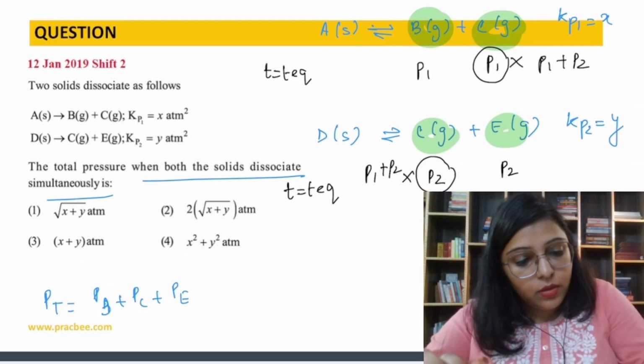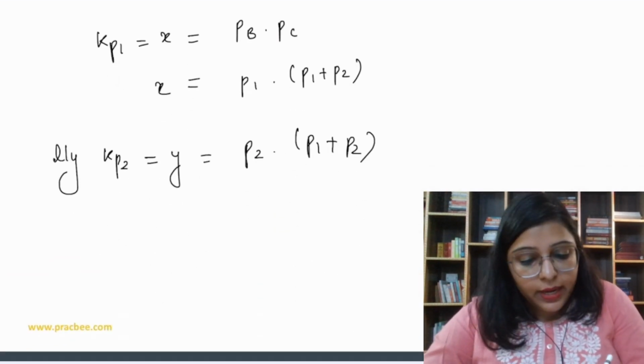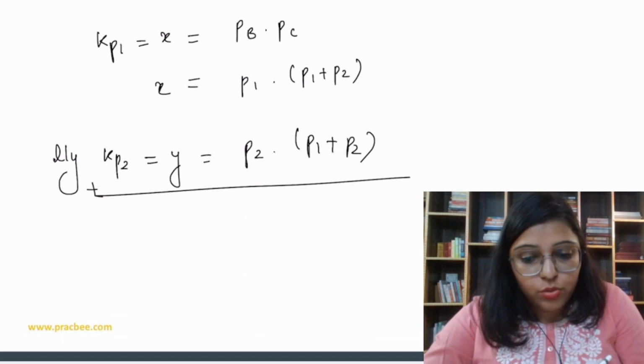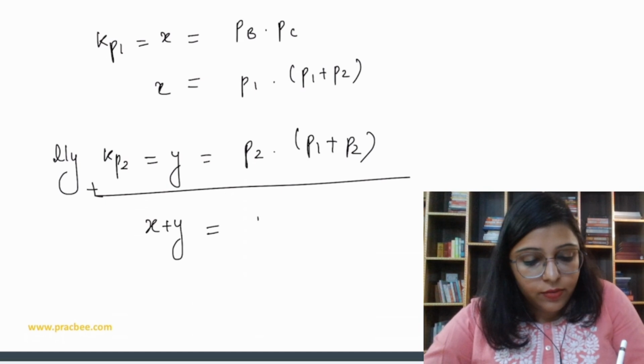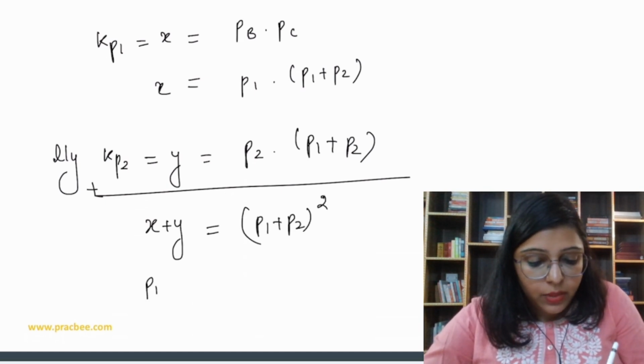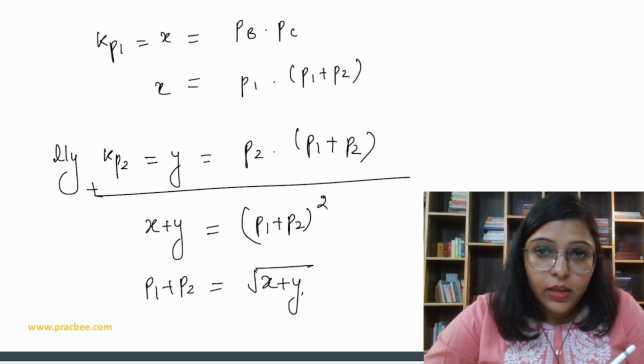See, P2 and P1 plus P2. ठीक है, now let's add these two reactions. So if I add these two reactions, तो X plus Y gives (P1 plus P2) whole square, and P1 plus P2 is going to be under root X plus Y, right or wrong? Under root X plus Y.